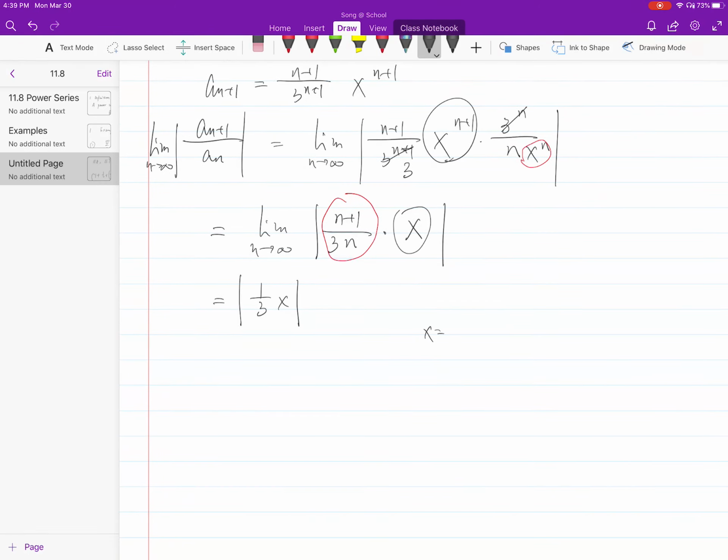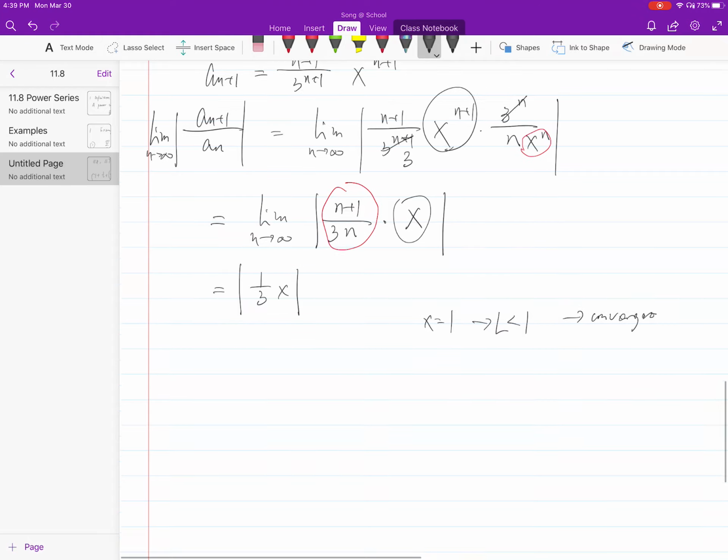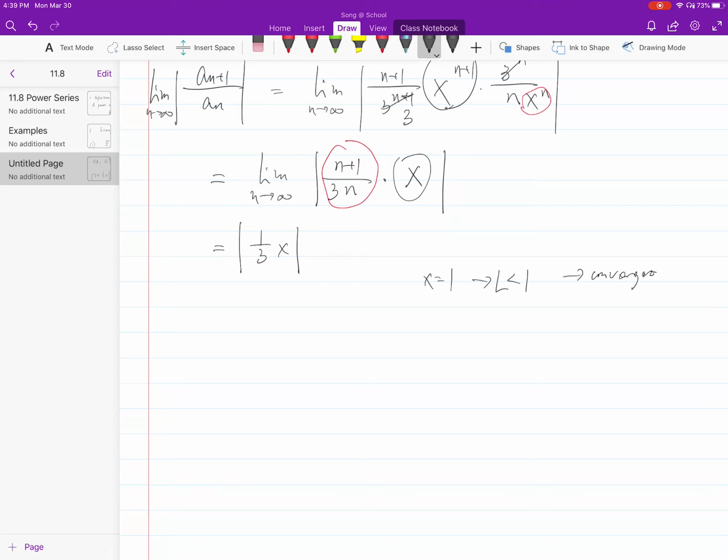If I know x equals 1, I will know this one is less than 1, therefore convergent. Good so far? But if we do things reversely, if we want it to be convergent, we can just require L to be less than 1, and then we can actually solve for which x will make my L less than 1.